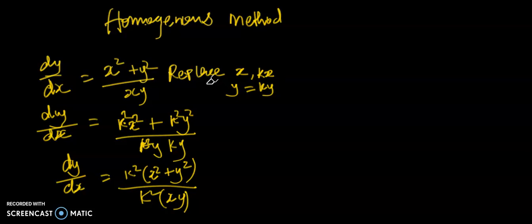If you observe, you will see that in both the numerator and denominator we have k squared, so we can cancel k squared and get rid of it. Therefore, this function is homogeneous.